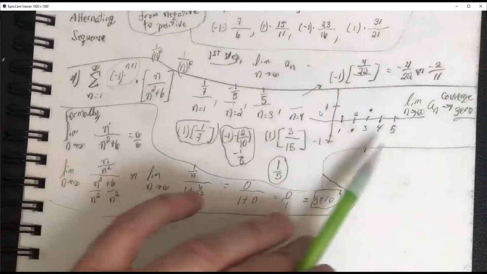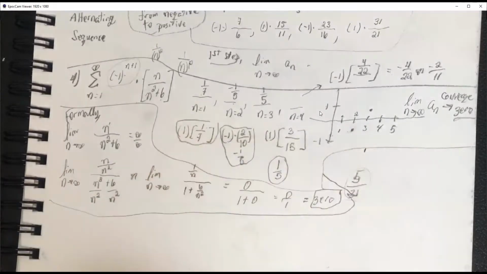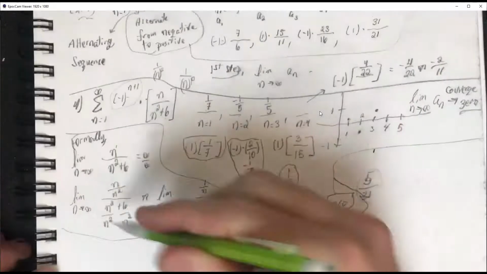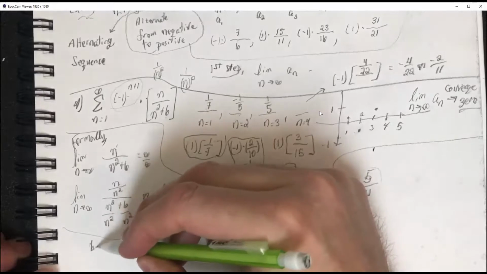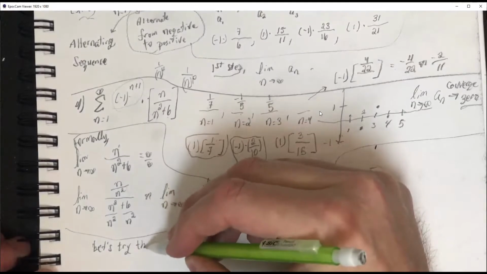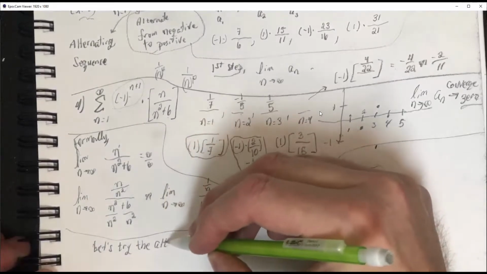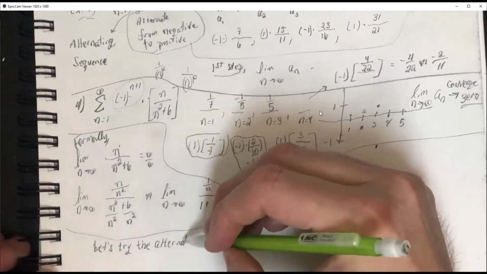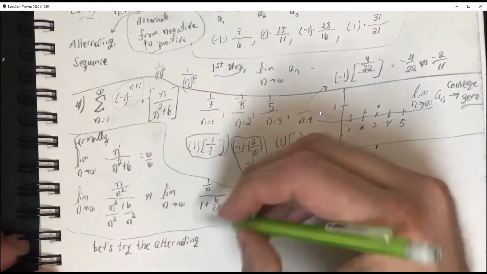If they do get closer and closer to 0, even though it's alternatingly so, then we have to explore further. Geometric, no. Integral series test, no. P series test, no. Alternating series test, yes, we're going to try it. So let's try the alternating series test.